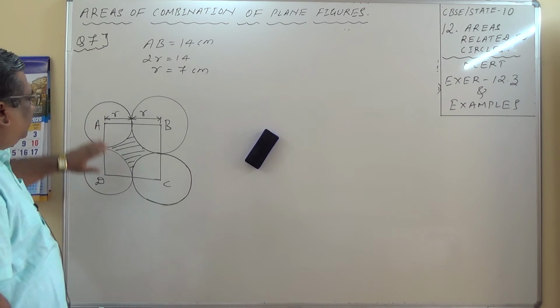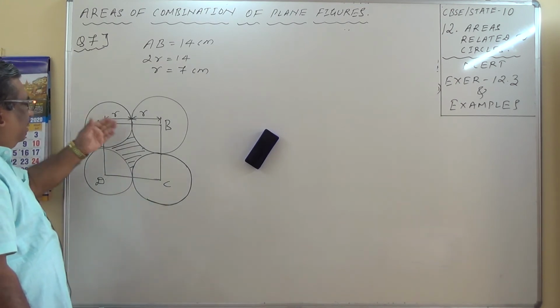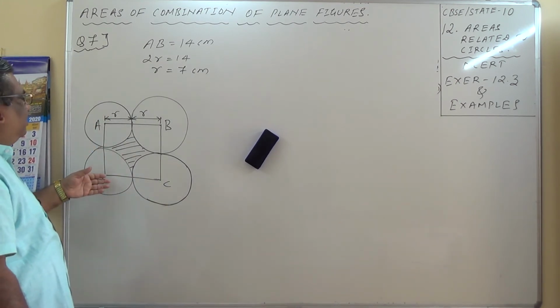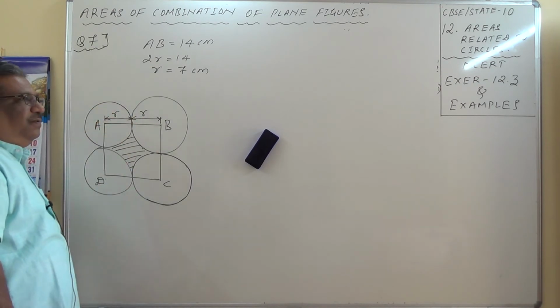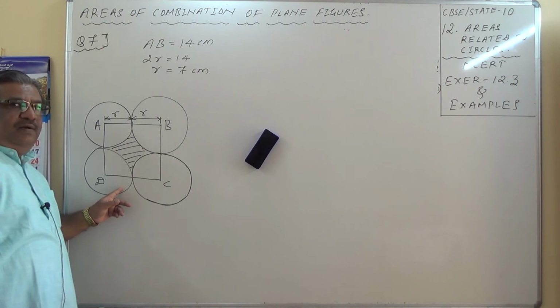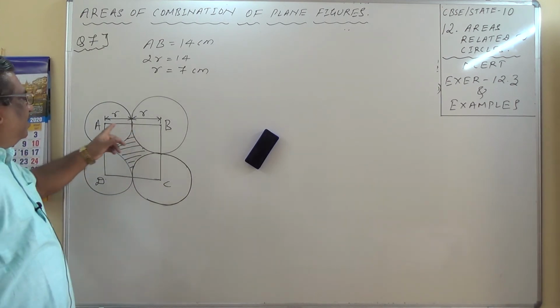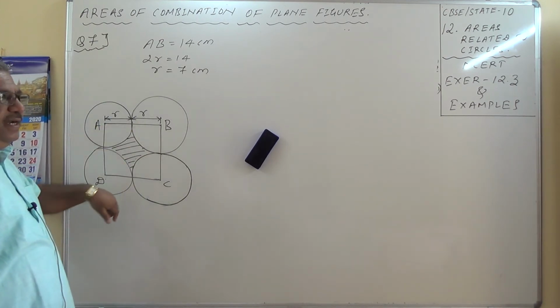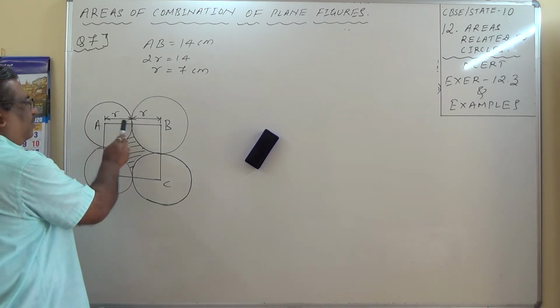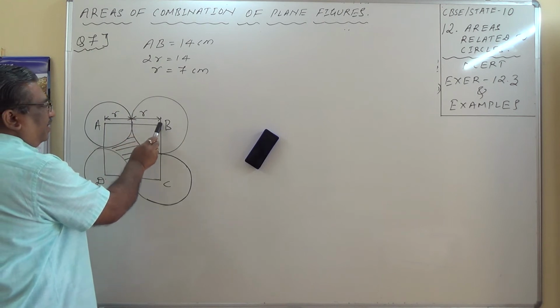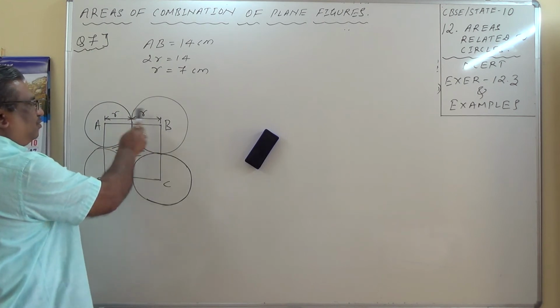Question number 7. This is the diagram here. ABCD is a square of side 14 centimeter and there are 4 circles. Let R be the radius of each circle which is drawn at the vertices A, B, C, D. So how to find out the radius here? From here to here R and also from here to here R. These are the radii of these 2 circles.